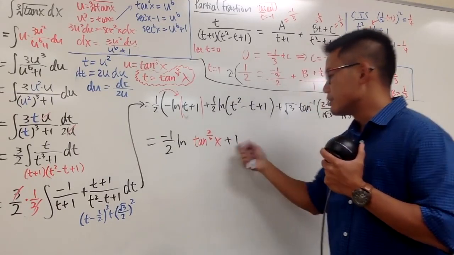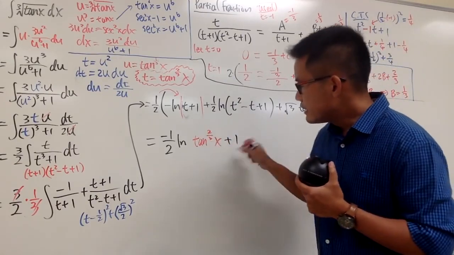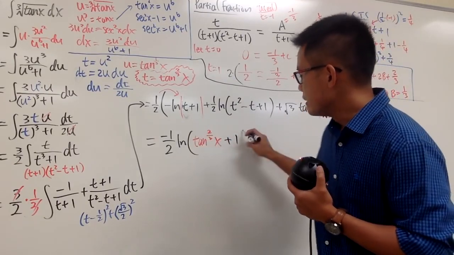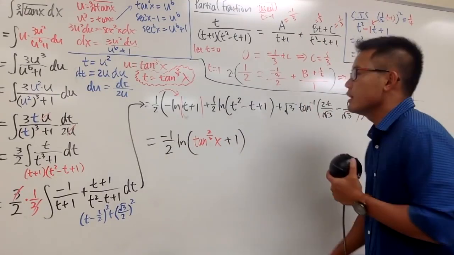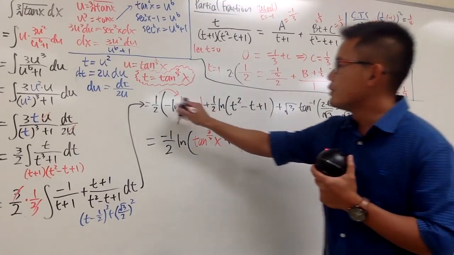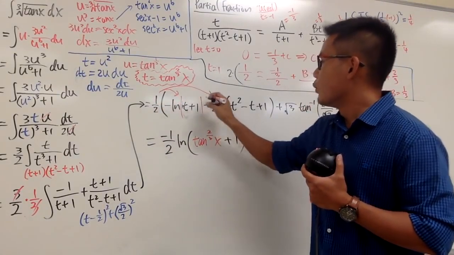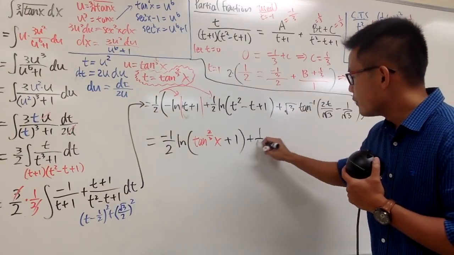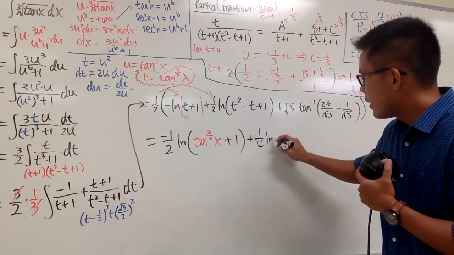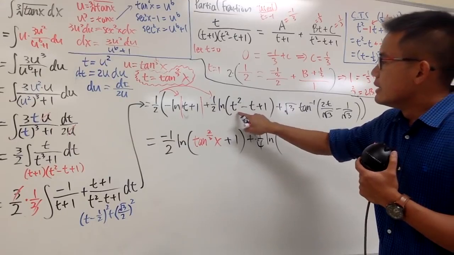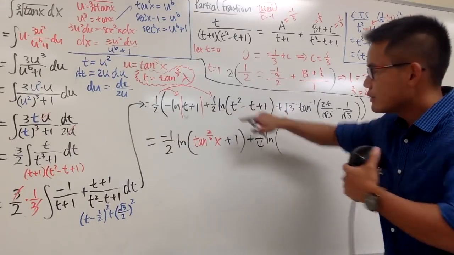This is a square, and then plus 1 is of course positive. So the inside is always positive, so I can put a parenthesis around it, right? And now I have to do 1/2 times 1/2. Therefore, that's going to be 1/4. And then this is going to be ln parentheses. By the way, inside here it's always positive as well, right?